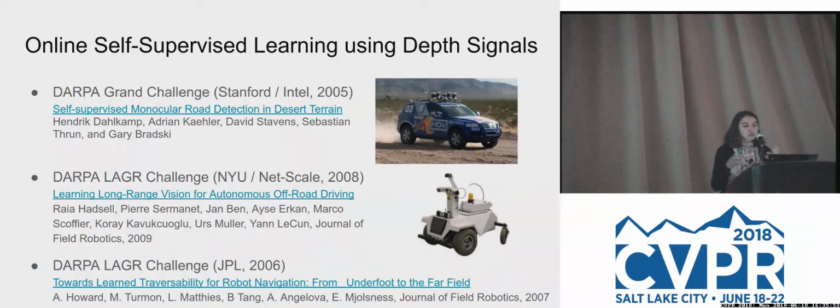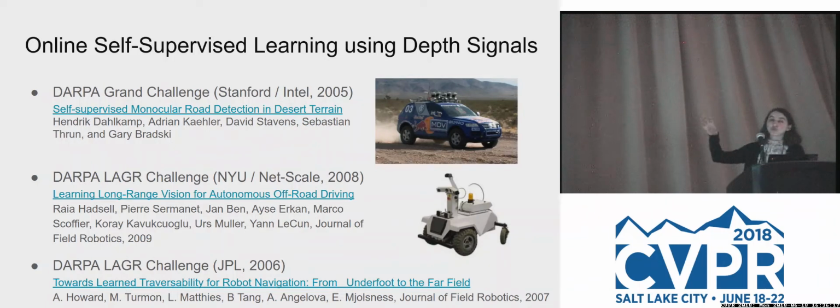A couple of things that really opened up a lot of learning for robotics in the domain of autonomous driving and navigation, which a few years ago was mostly off-road, but also had some urban driving too, are the DARPA Grand Challenge and the DARPA Urban Challenge.